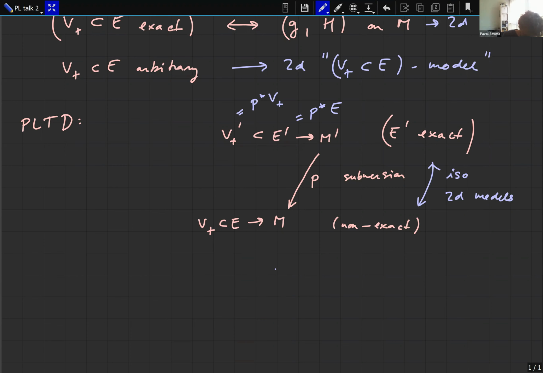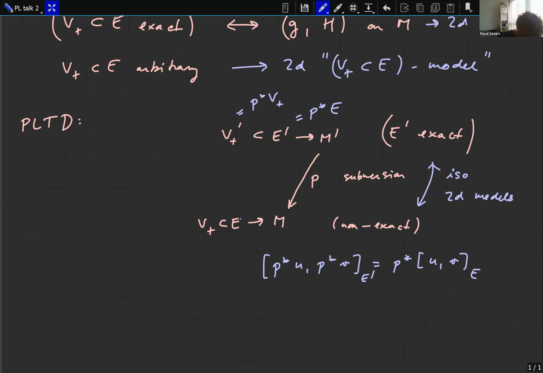If we take two sections, P star of U and P star of V, and compute the bracket in E prime, then upstairs this should be the same as P star of the bracket of U and V, where the bracket is computed in E. So this is one condition, and then one can say the same condition on the pairing, but the pairing is simply pulled back to E prime.